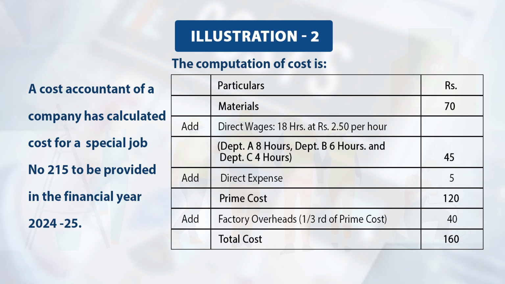It includes for department A 8 hours, for department B 6 hours and department C 4 hours making per unit cost rupees 45. Add direct expense rupees 5, prime cost is 120. In that add factory overhead which is 1/3 of prime cost which is 40 and total cost is rupees 160.